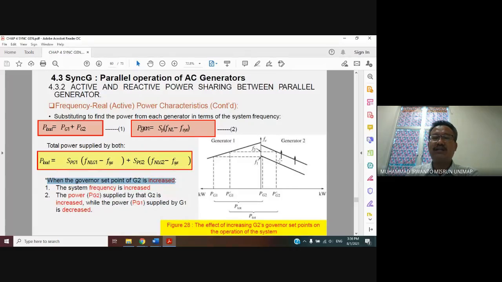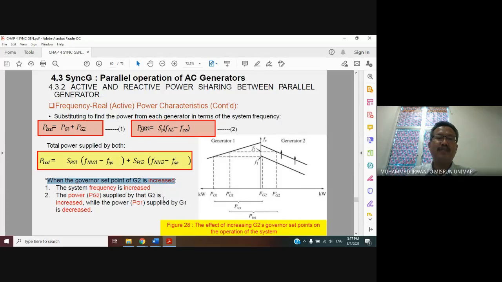So when the frequency of generator 2 increases, the power of generator 1 will decrease, as we can see here. But the total power, or total load, is the same in this condition.